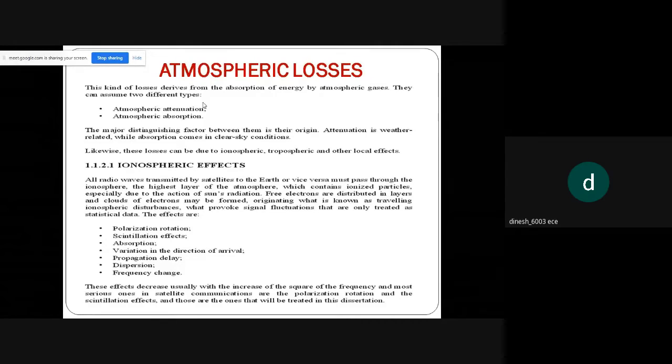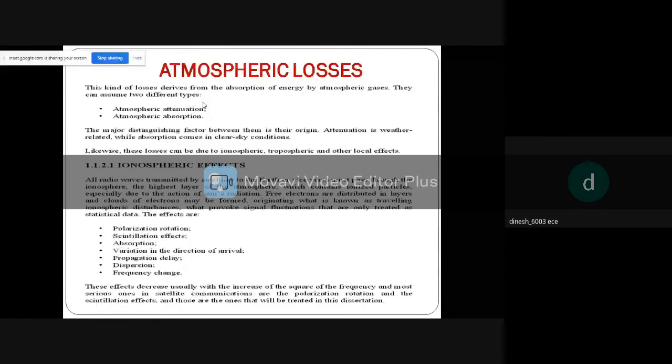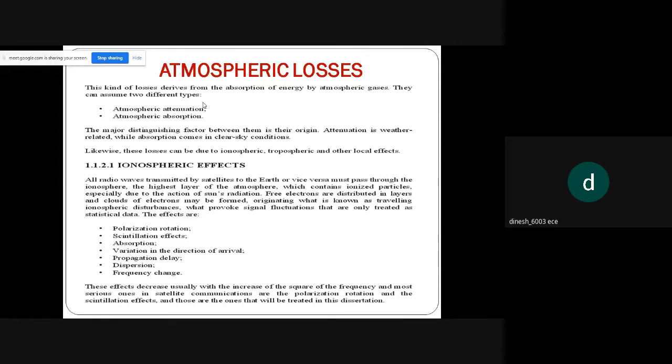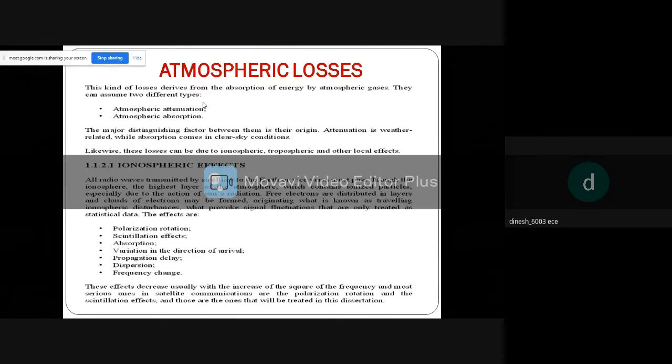So let us see the ionospheric effects. All the radio waves transmitted by a satellite to the Earth or vice versa will pass through the ionosphere, which is the highest layer of the atmosphere, lying between 500 kilometers and 2000 kilometers, having fully ionized particles as a result of the action of the sun's radiation.